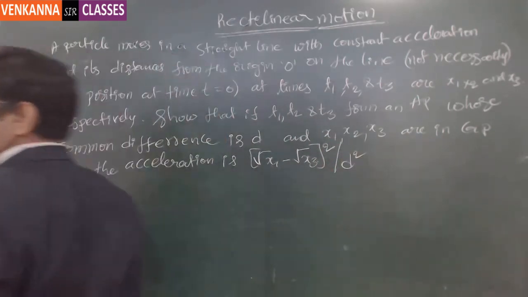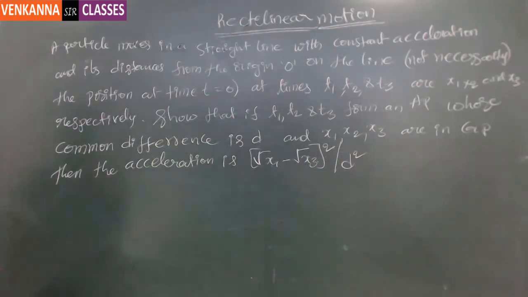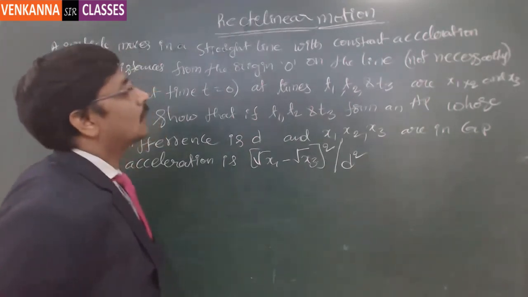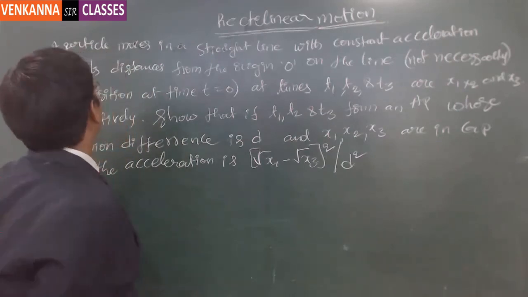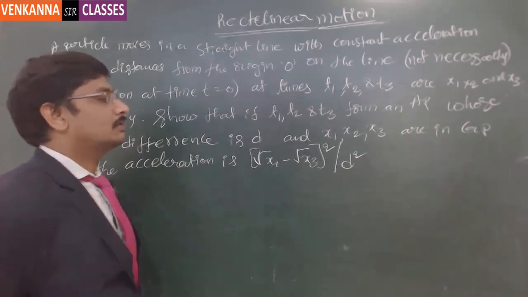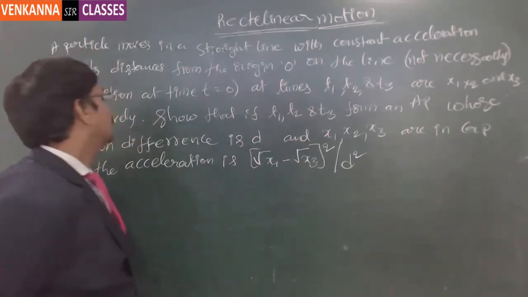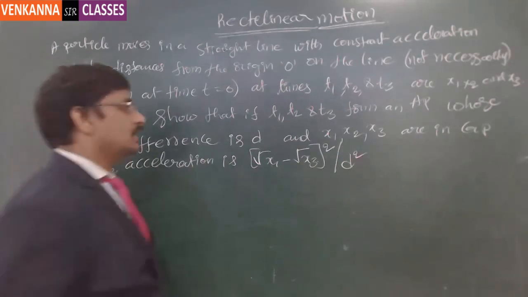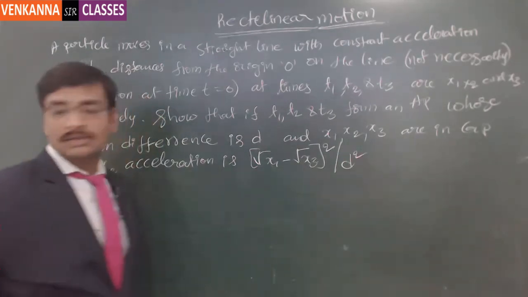Now this is the problem statement. Try to solve this on your own. Here a particle moves in a straight line with constant acceleration, and its distances from the origin O on the line, not necessarily the position at time t equal to 0, which essentially means that O may not be at t equal to 0.